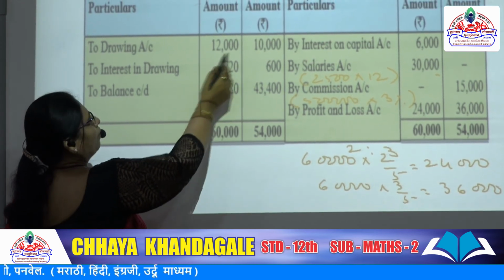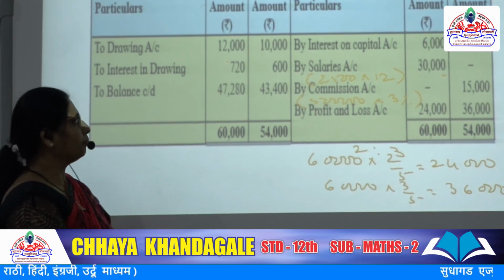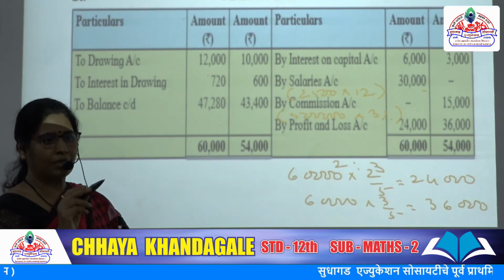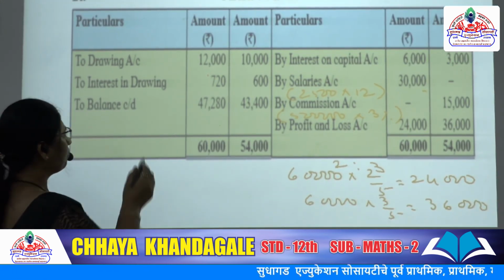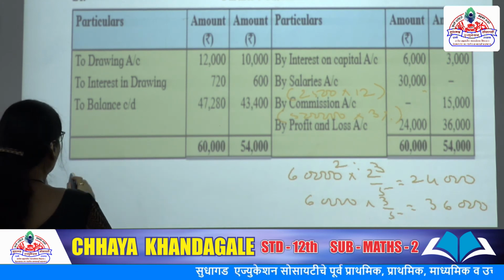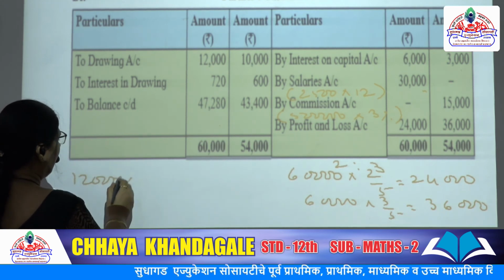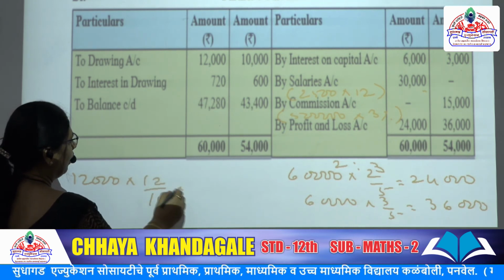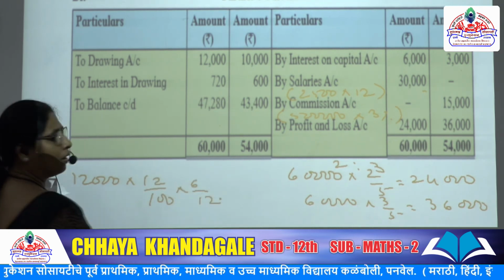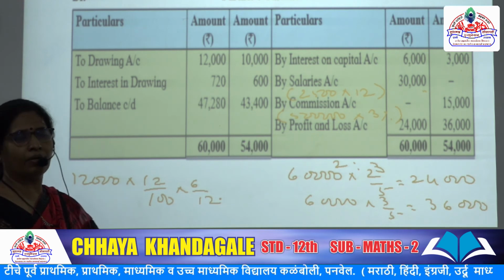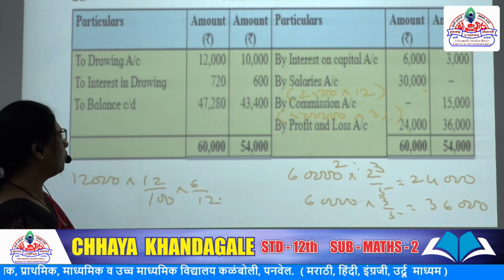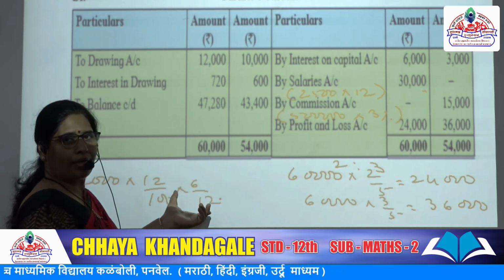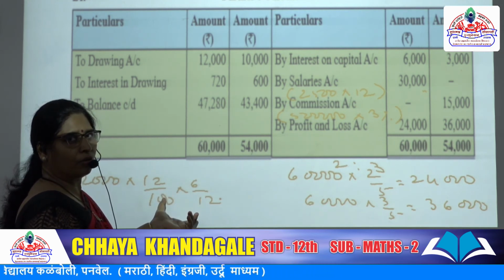Now the drawings they have made. Drawings are 12,000 and 10,000, and interest on drawings is to be charged at 12%. See what you are going to do: 12,000 into 12/100 into 6. Since the date is not given, we are going to charge interest on average drawings.